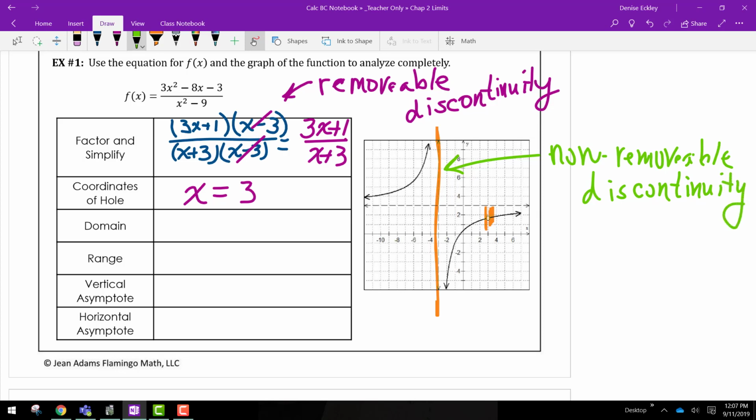And that corresponds to this part of the equation, or this part here. So our vertical asymptote occurs at x equals -3.